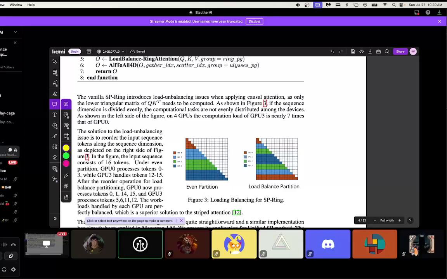But if you're using RoPE, which I believe has some kind of relative distance involved in the formula, if you have tokens 0 and 1, and then 15 and 16 on the same device, I'm a little fuzzy on how this would work.